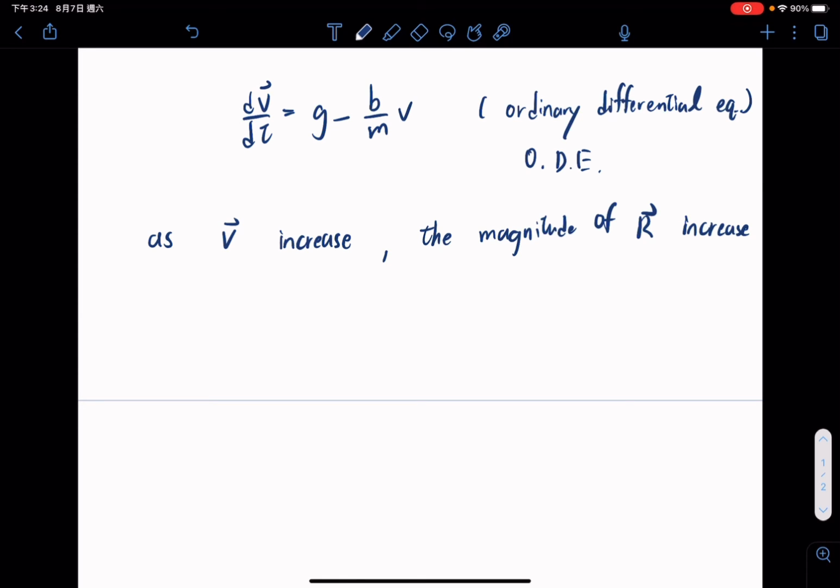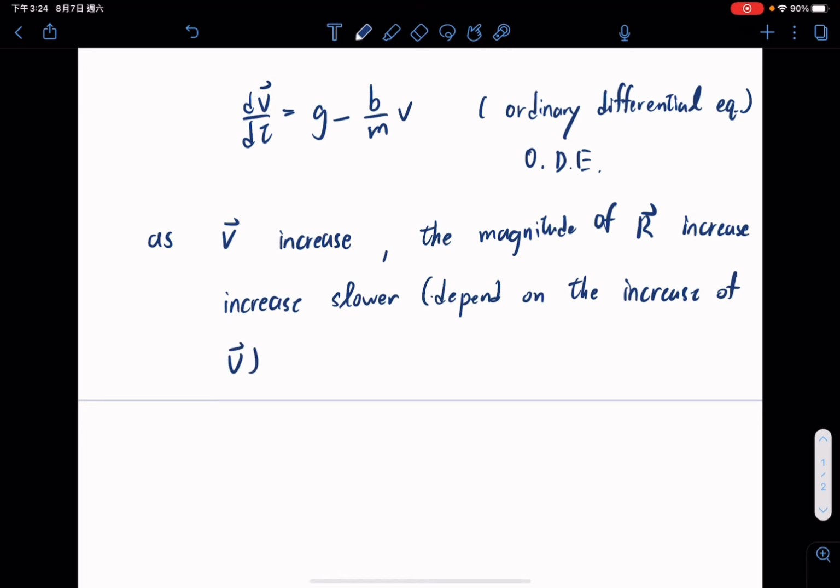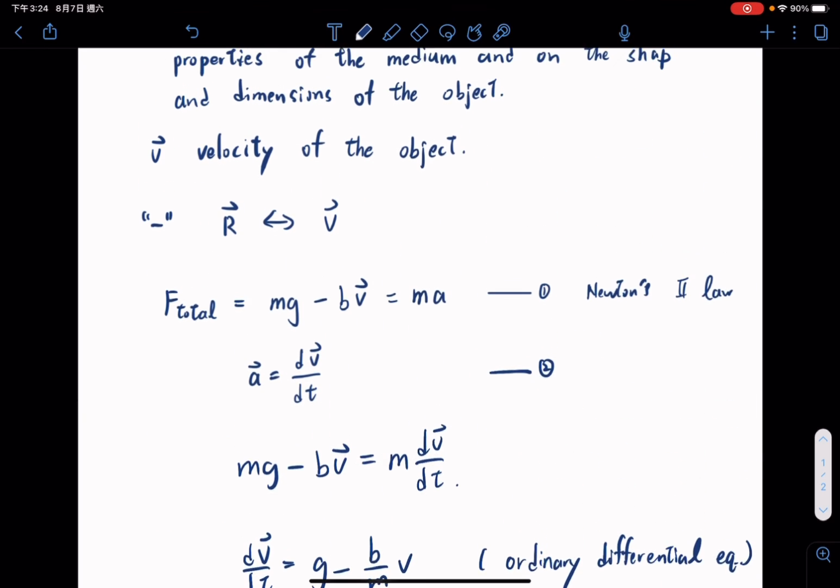It will increase more slowly, because the increase of R depends on the increase of v, and the increase of v is the acceleration.